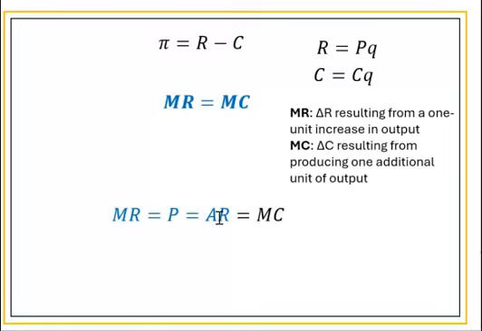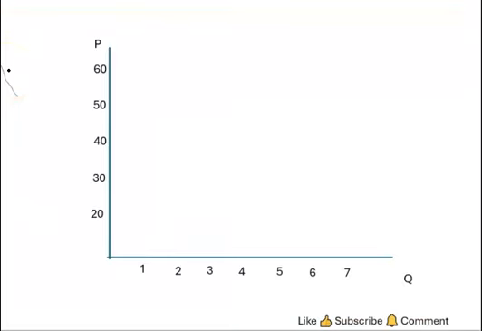So let us illustrate how profit for a perfectly competitive firm is determined on a graph. On this graph, we are given price on the y-axis and output on the x-axis. If we are given a price of 40, then we know that our demand curve is horizontal for our perfectly competitive firm. And we draw our demand curve, which is horizontal, and we label it accordingly.